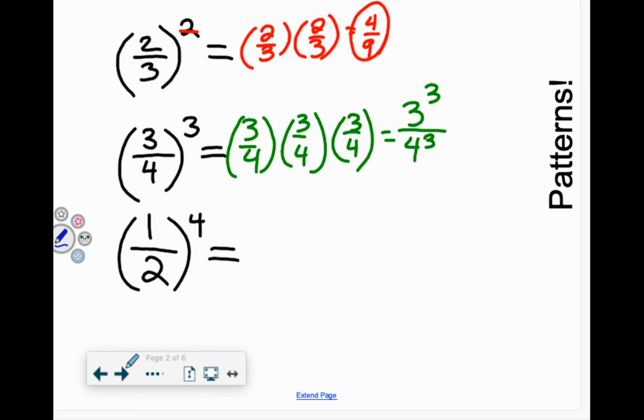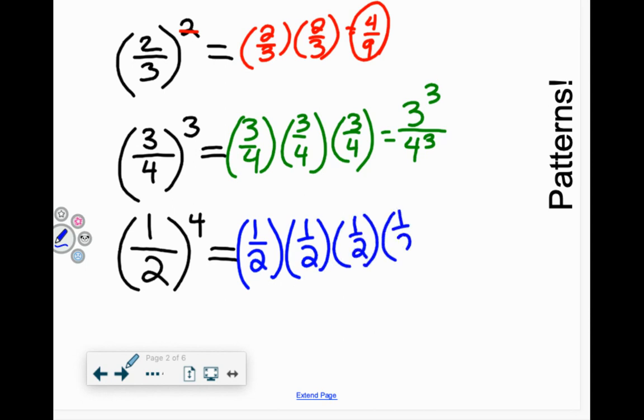Maybe we notice the pattern. We'll try this one more time. We have 1/2 times 1/2 times 1/2 times 1/2. If we rewrite this, we really have 1 to the 4th over 2 to the 4th.